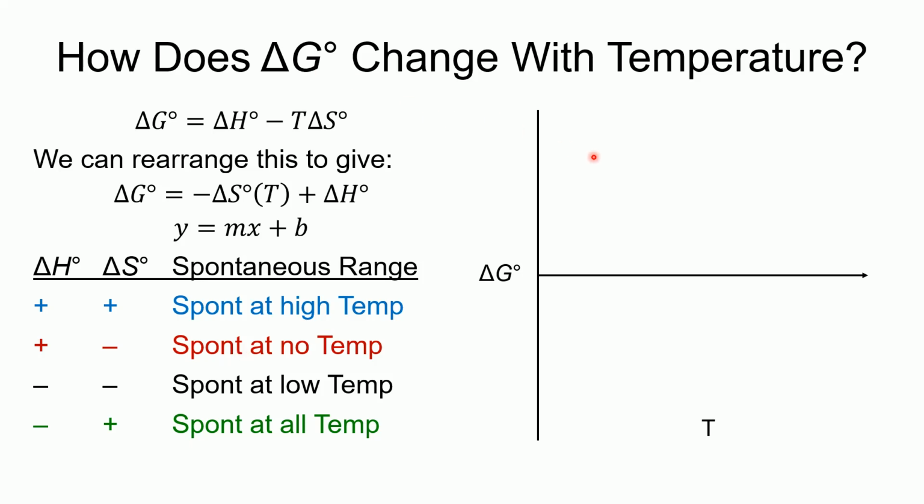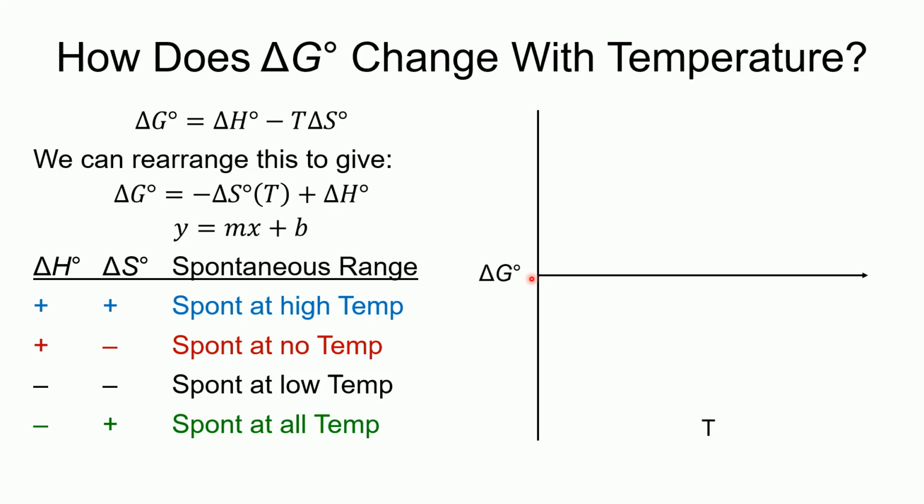And our Y value is going to be the Gibbs free energy. You'll notice that I don't have any negative values for temperature because our temperature is in Kelvin. We can't have negative quantities for Kelvin.